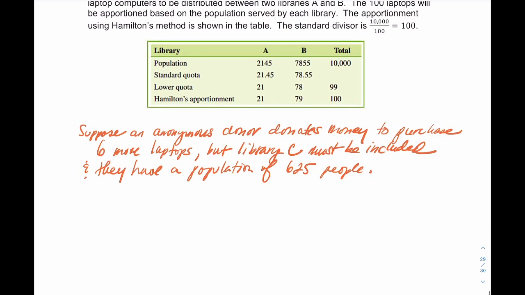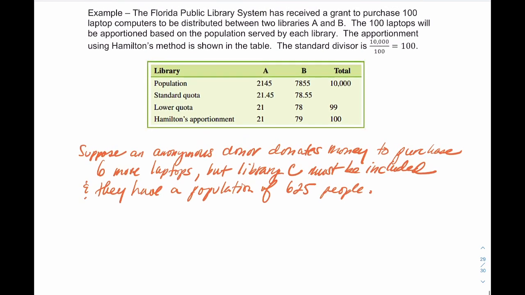Okay, so what we're dealing with now is, you think about the apportionment table, what things change. Because of this donation, they're getting 6 more laptops, but they have to include an extra library, which would be library C. So now the total is no longer 10,000.